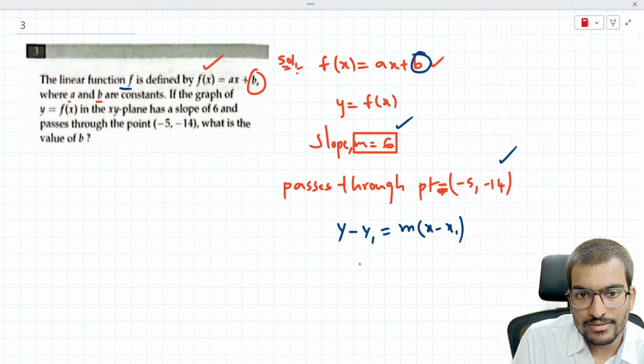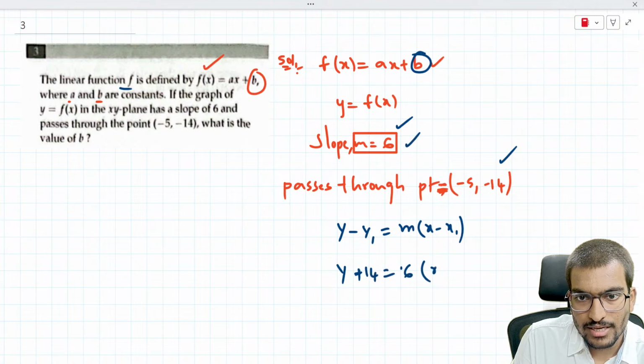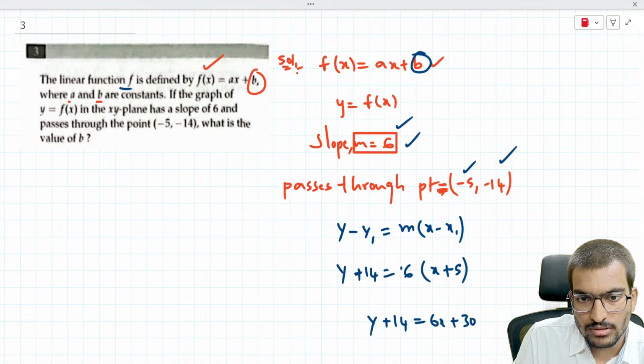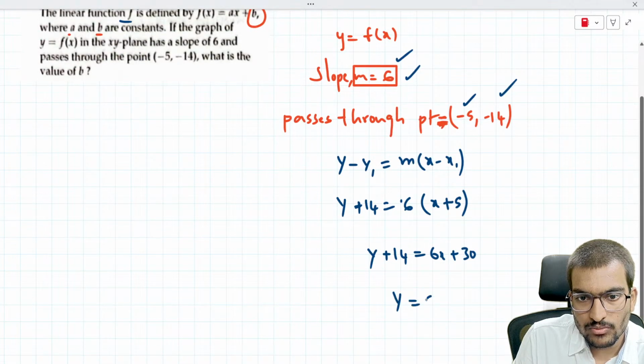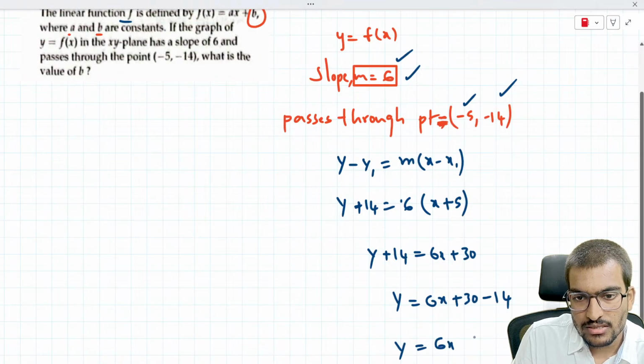Y minus of minus 14, that's positive 14, equals m, which is 6, into x minus of minus 5, which is plus 5. So y plus 14 equals 6x plus 30. So y equals 6x plus 30 minus 14, y equals 6x plus 16.